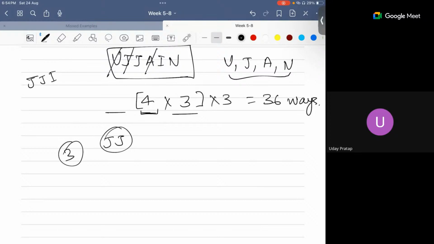Then you have three more ways: JIJ, JJI, and IJJ. So there are three ways that you can consider more, and then we reach 39 ways. Yes, sir. But if it was mentioned that repetition is not allowed, according to me it should be 36, but okay, that's fine. The explanation that you have given is also correct.